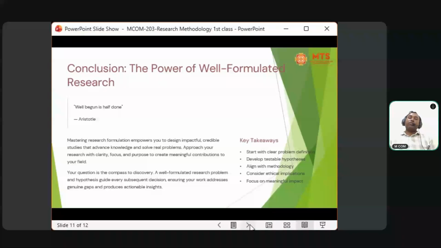Approach your research with clarity, focus, and purpose to create meaningful contribution to your field. Your question is the compass to discovery.